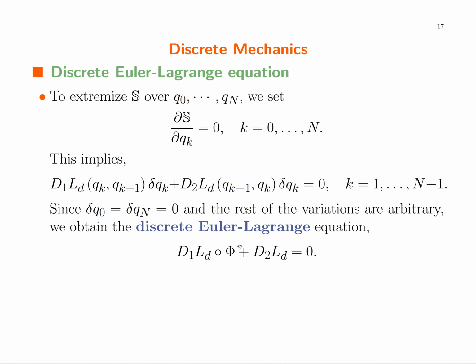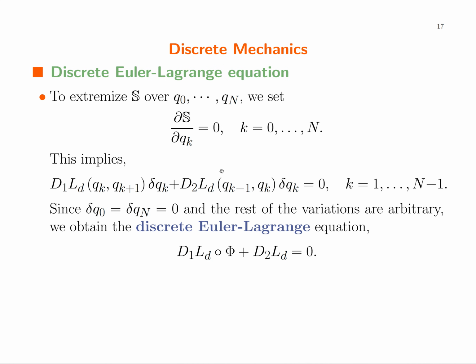All right. So you extremize the discrete action sum over the sequence of points q0 to qn, and you want the variation of the action sum to be stationary with respect to these points. All right?